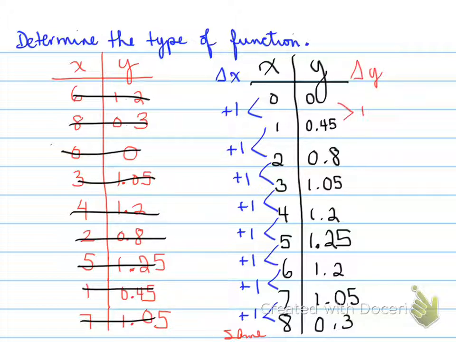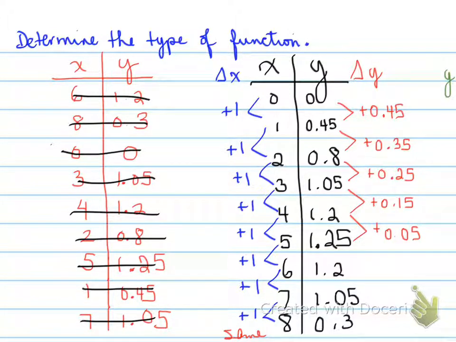Well, delta y is plus 0.45, plus 0.35, plus 0.25, plus 0.15, plus 0.05, and then next, oh wait, no, careful, we're going to have minus 0.05, and next we're going to have minus 0.15, and finally minus 0.25. So we can see that it definitely isn't linear.